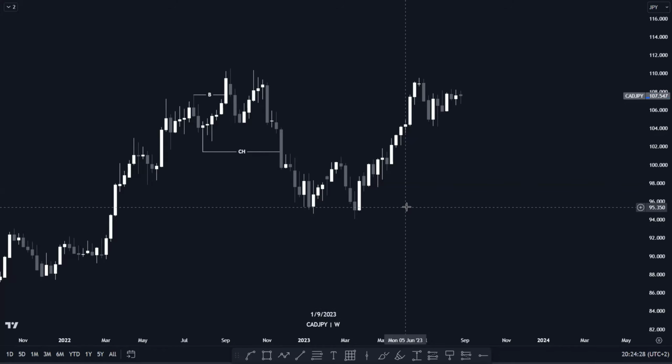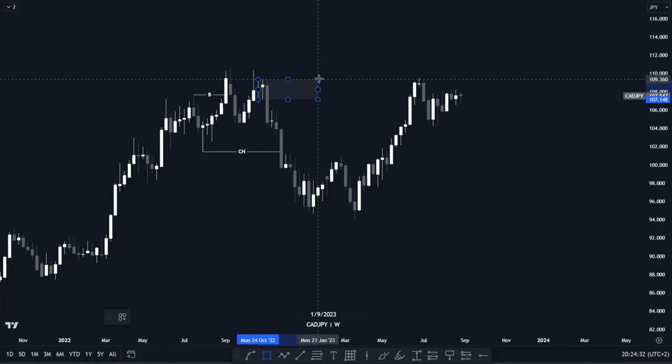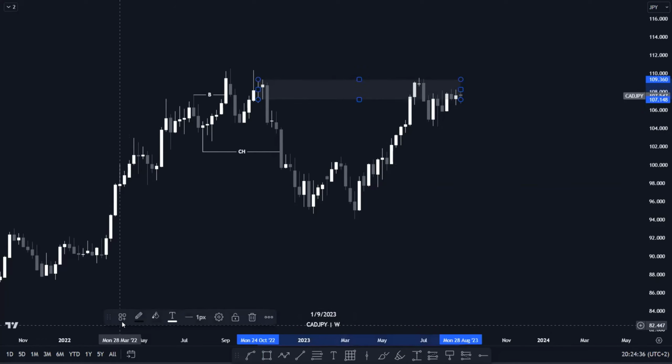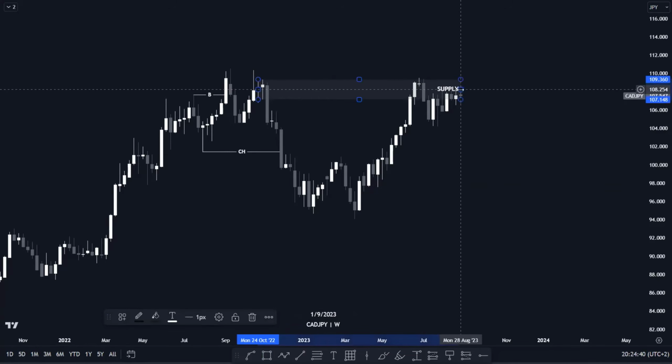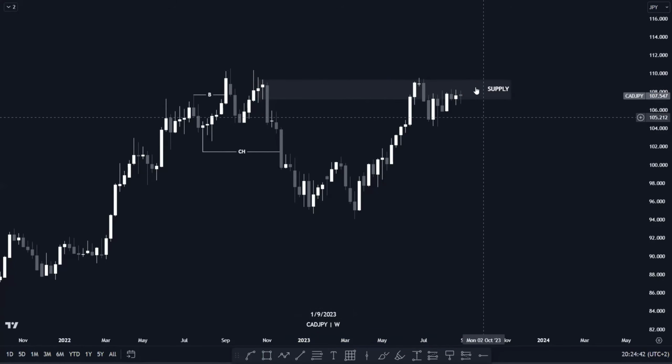Okay, so with CAD JPY, I managed to see that here we have this big, beautiful supply area, but then we're not going to take our entries off our supply area. Why? Because it's too big and it's on the weekly chart.